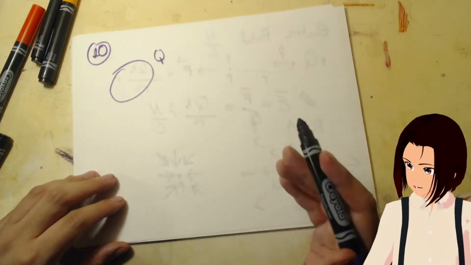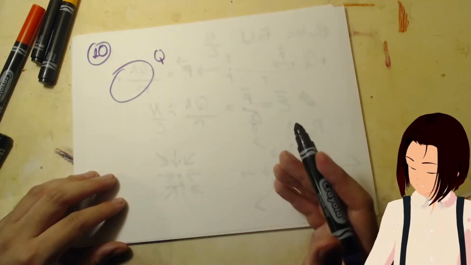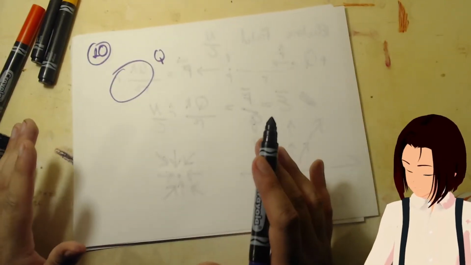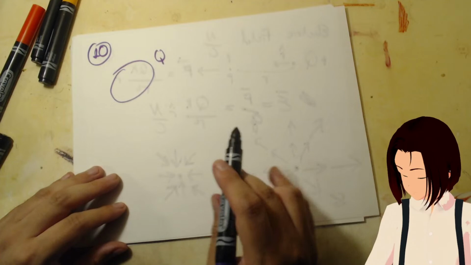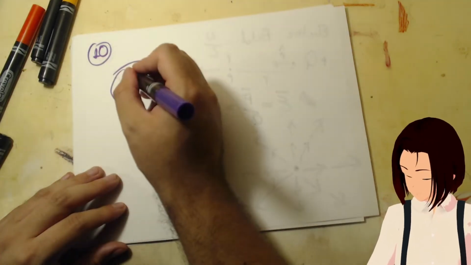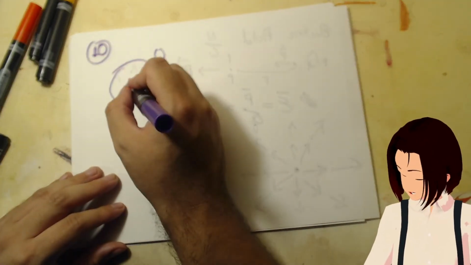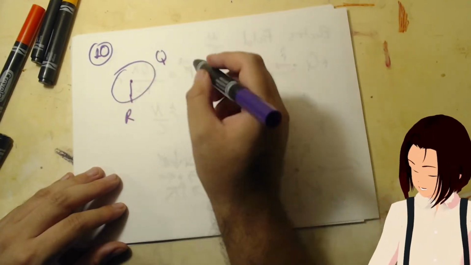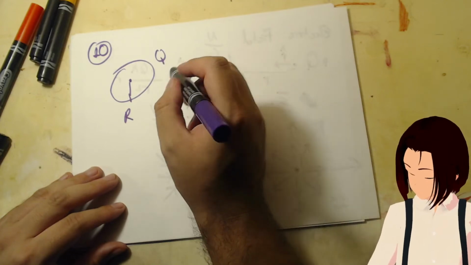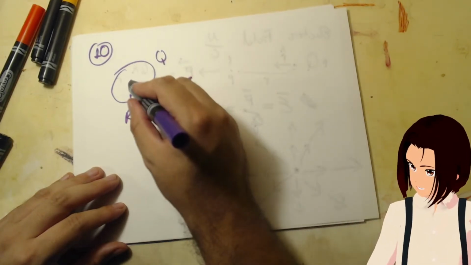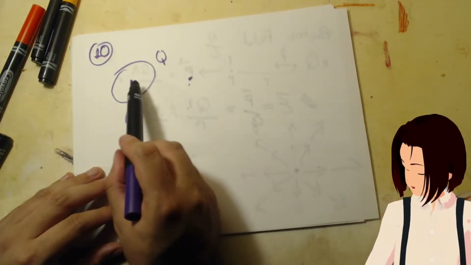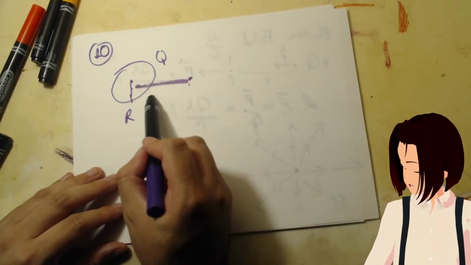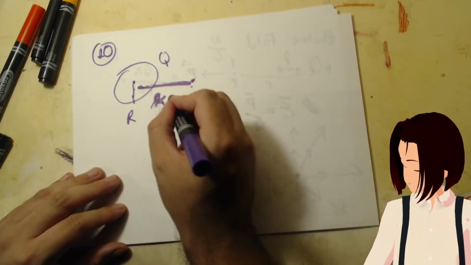So, what's the electric field at any point in space, basically? We have the center, and we have radius r, and let's say we have some point right here, and the distance between this point and that point could be r. Oh, no, not big R. Little r.